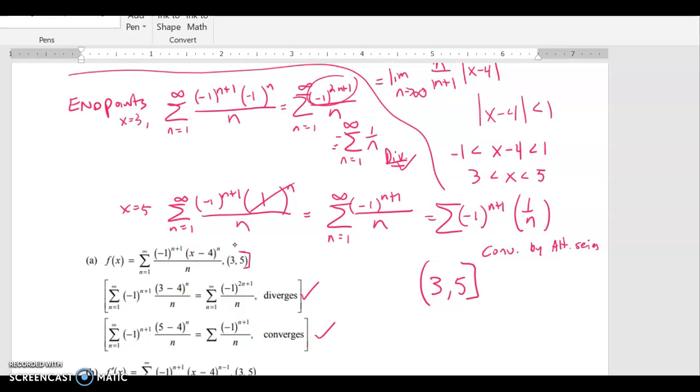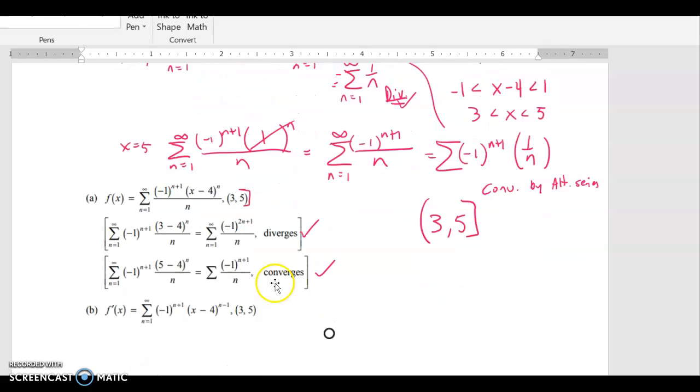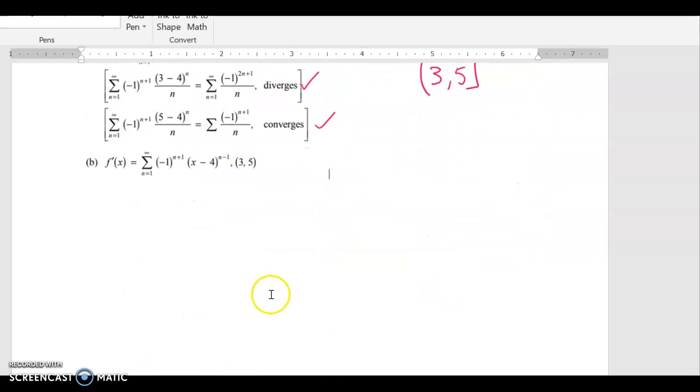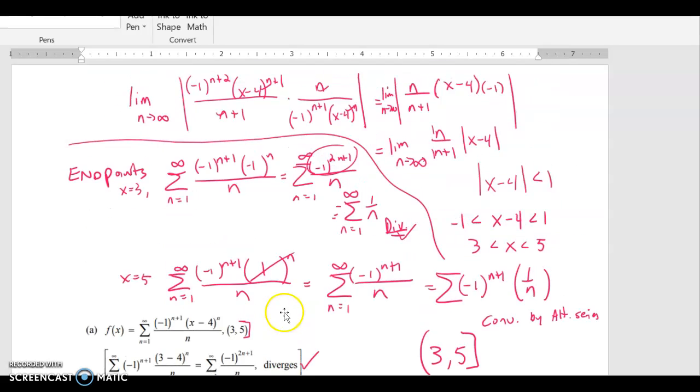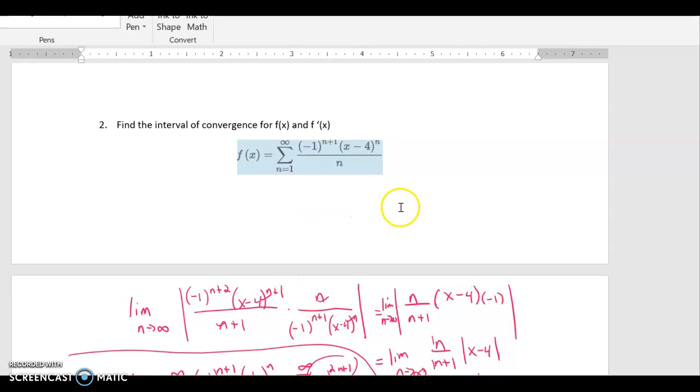Okay, so let's do the derivative now. All right, so here's my solution without the work. There's your derivative. Let's see if that makes sense, how they got that. So let's just do it up here. F prime is, bring the n down so the n's go away.